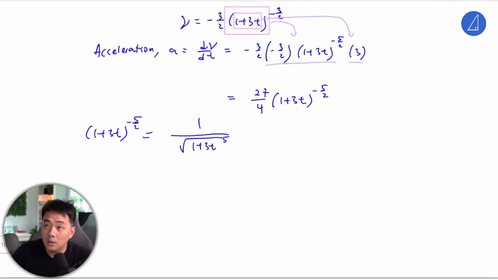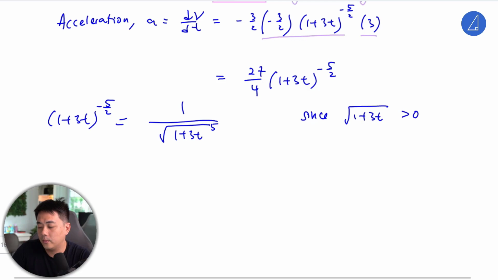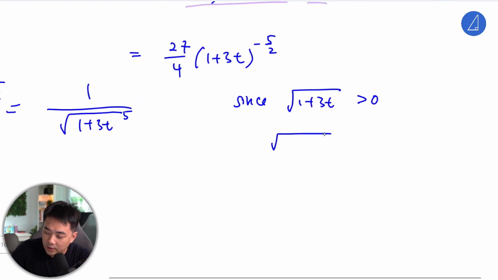Since the square root of 1 plus 3t is at least 1, bigger than 0, then raising it to the power 5 is obviously still bigger than 0.